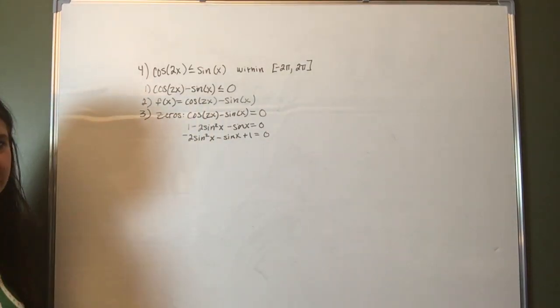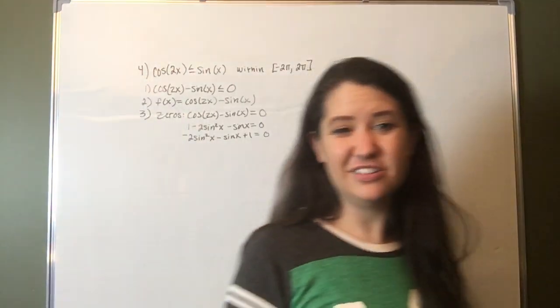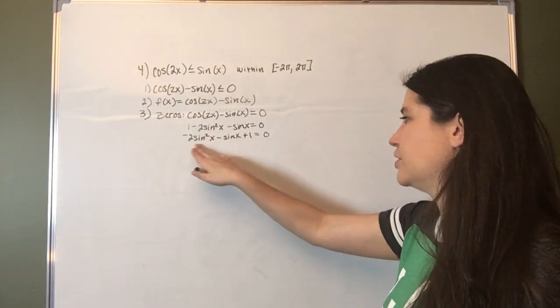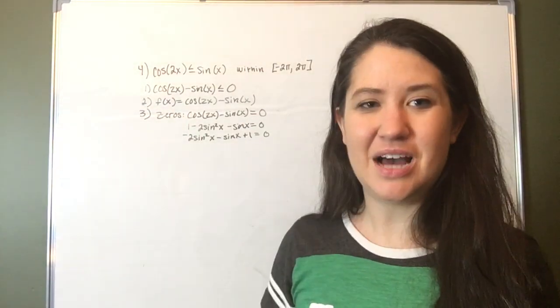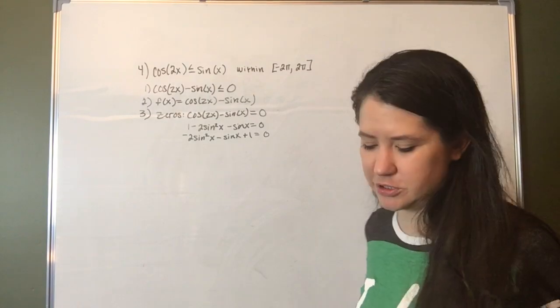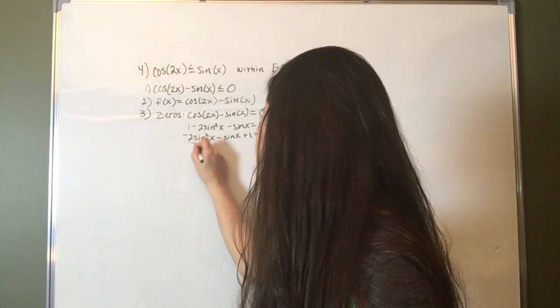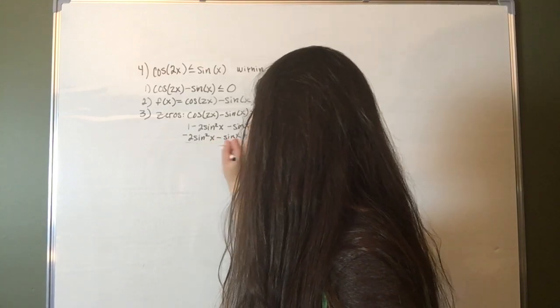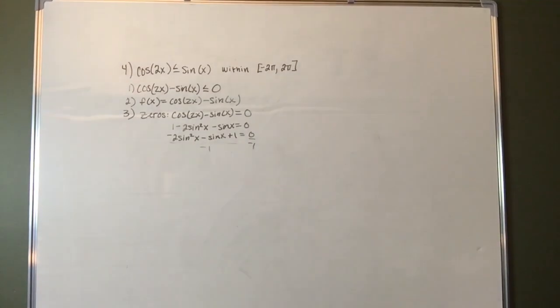In general, with quadratic equations, it's always easier to solve them if your square term is positive. It just makes factoring easier, and on top of that, it makes the quadratic formula work out a little bit easier as well. So I'm going to go ahead and divide both sides of this equation by -1 to get rid of the negative.